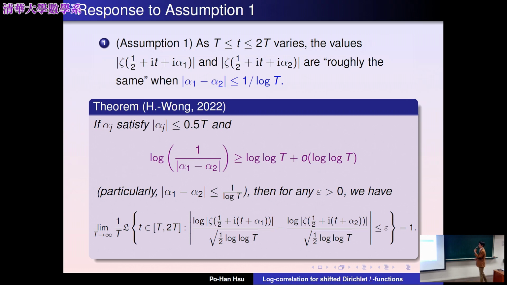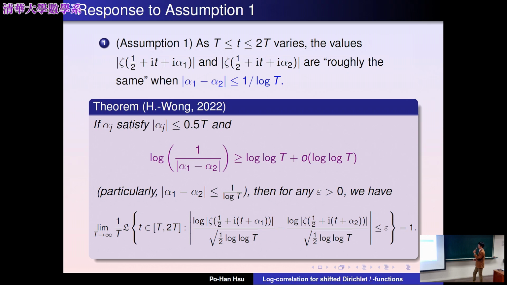And this is our response to this assumption. This roughly the same actually means you consider the difference between the two functions, but you need to normalize it. You need to take log and divide it by this magical quantity. You consider the difference.